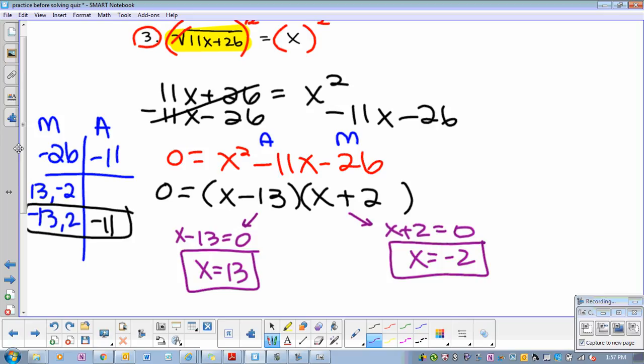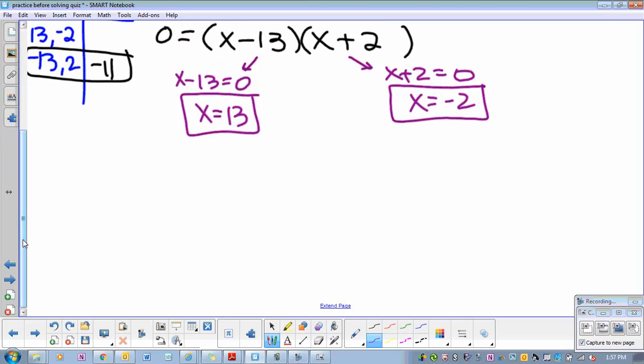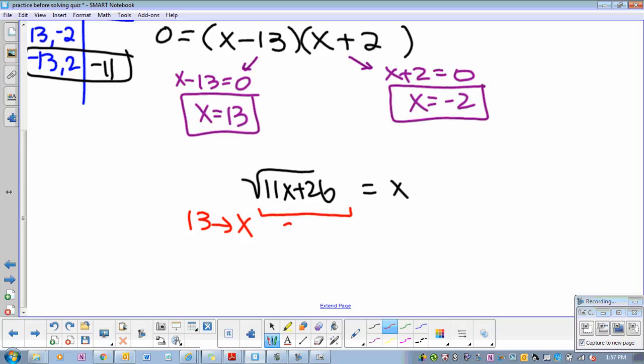Does that make sense? So when we go to plug this in, we have the square root of 11x plus 26 equals x. All right, so if I were to do 13 stored for x, right, I need to make sure I put this into the calculator and I hit enter, and it equals the same as x.